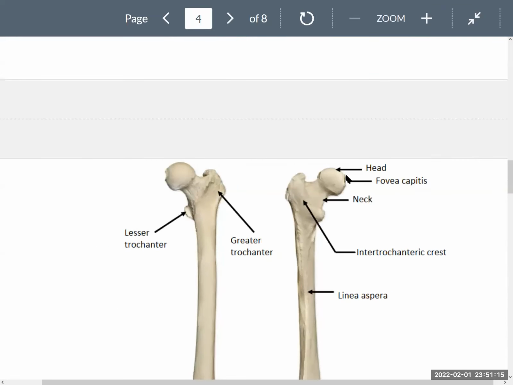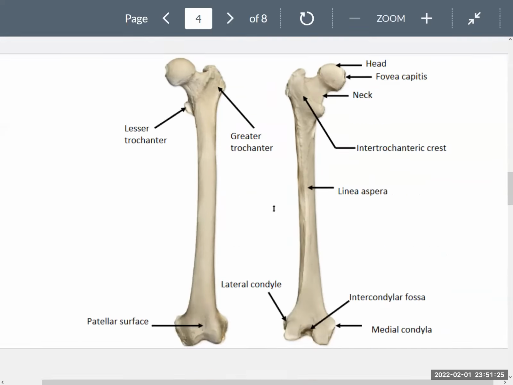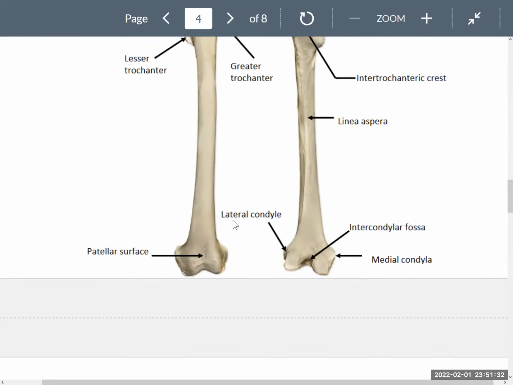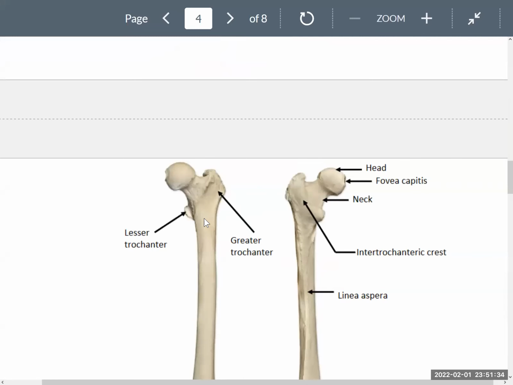We go up here, the attachment of the leg to the pelvic region. This has to be medial. This is lateral. Medial condyle, lateral condyle.